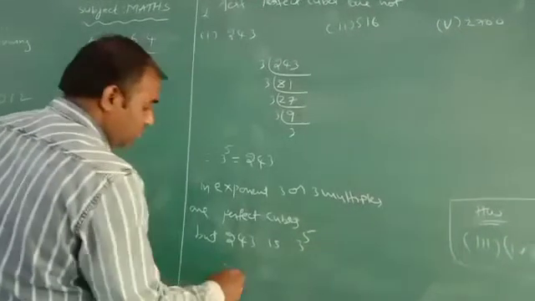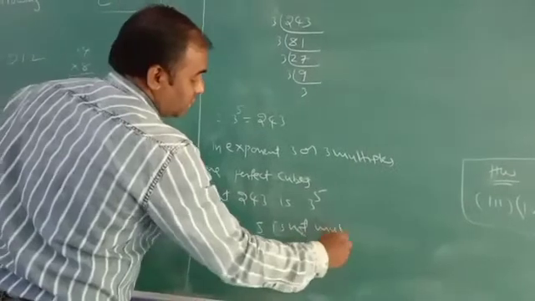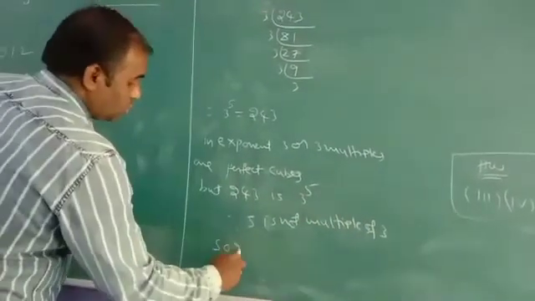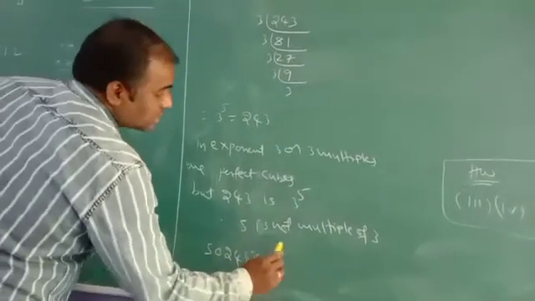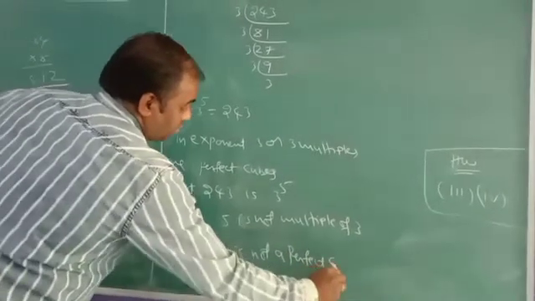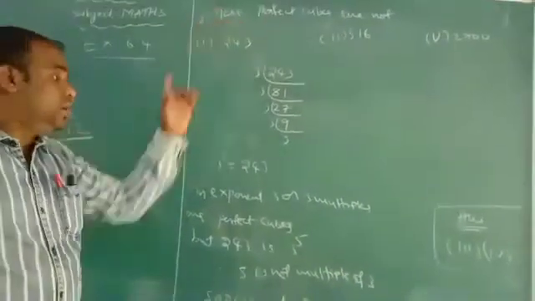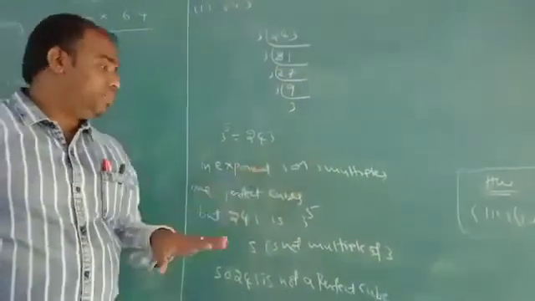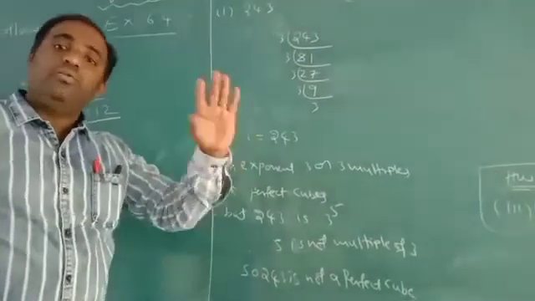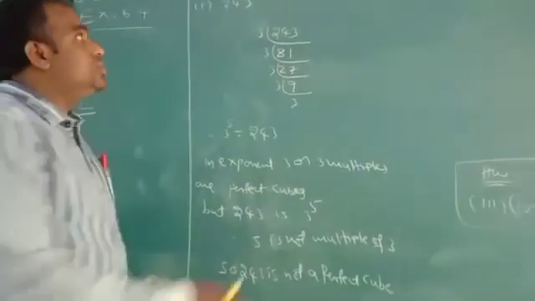Therefore, 5 is not a multiple of 3. So, 243 is not a perfect cube. See beta, perfect cube means what? In the exponent, 3 or multiples of 3. Multiples of 3 what beta? 3, 6, 9, 12, 15 and so on. Here it is 5, so it is not a perfect cube. Understood now? Like that only.